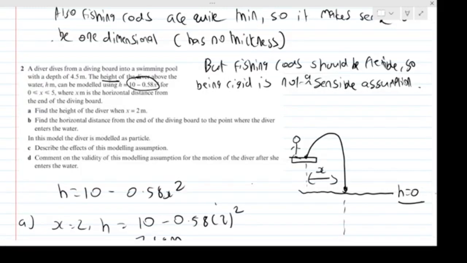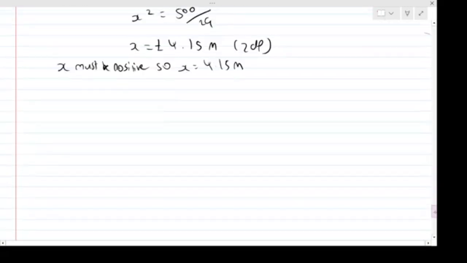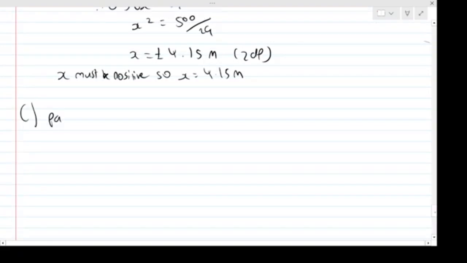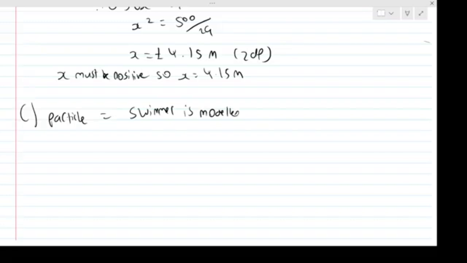Okay, here's where the modelling kicks in. In the model, the diver is modelled as a particle. Describe the effects of the modelling assumption. So, particle means, firstly, the swimmer is modelled as a single point.